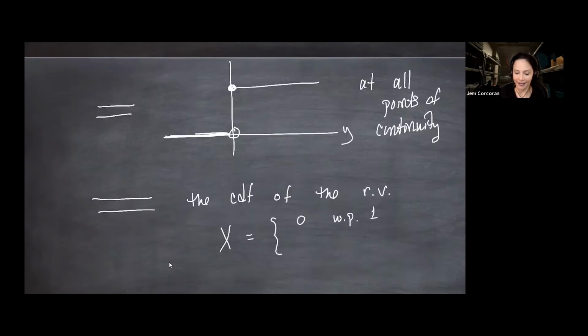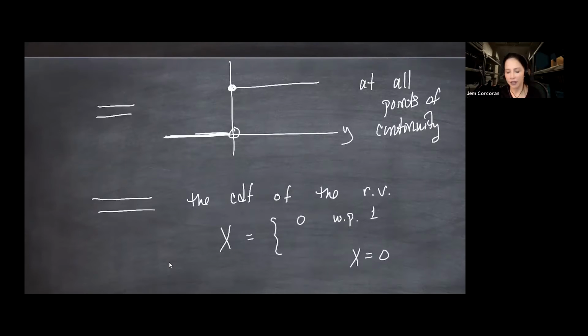And that's it, nothing else. So it's a constant. In other words, x is just 0, but probabilistically we say it's 0 with probability 1.